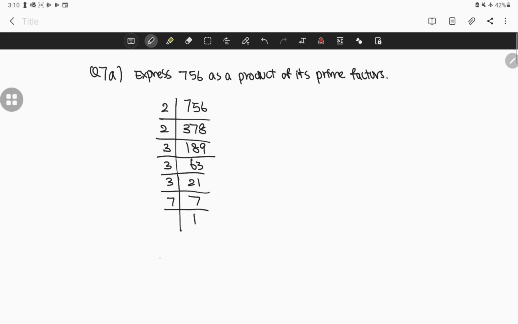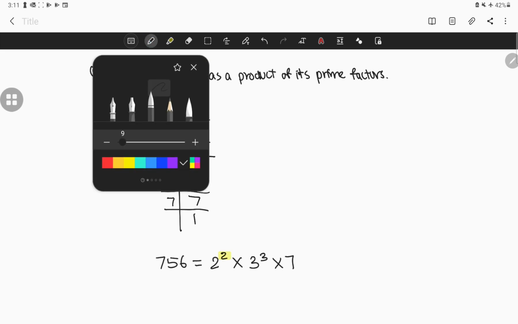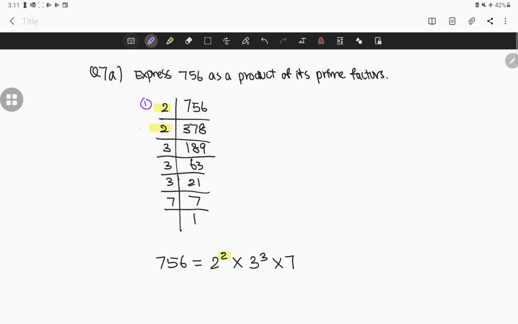And therefore, 756 would be equal to 2 to the power of 2 multiplied by 3 to the power of 3 multiplied by 7. So there are two 2's here, so let me write that down. There is one 2 here, there is another 2 here. So therefore we have this. Okay?